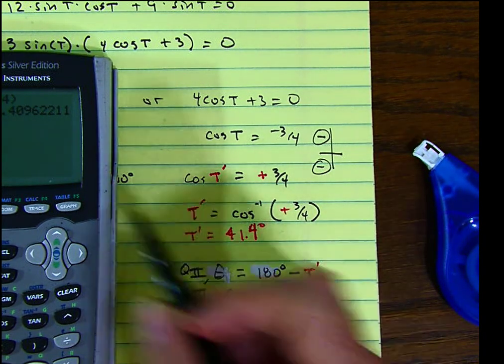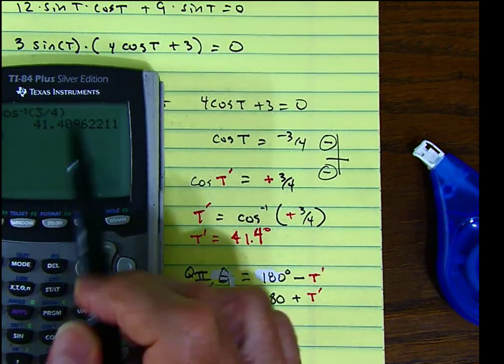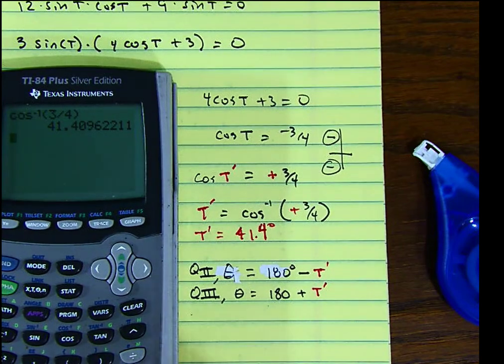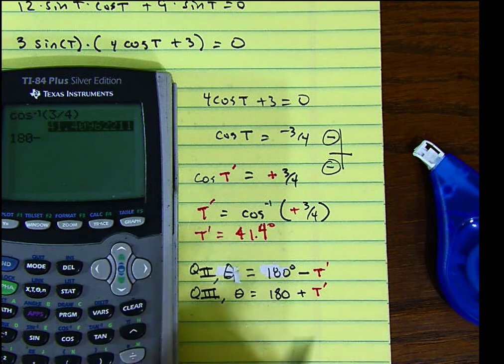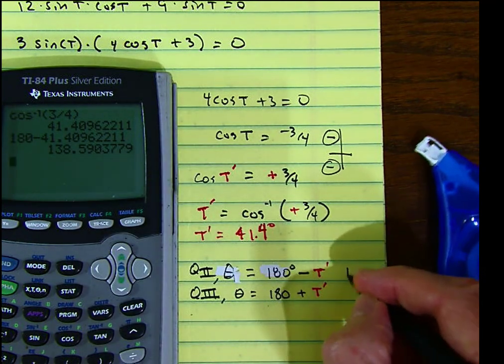So I think we can do that in our heads. 180 minus, I'm not going to do it in my head because I already made some mistakes with mental math, minus this result, and I got 138.6.